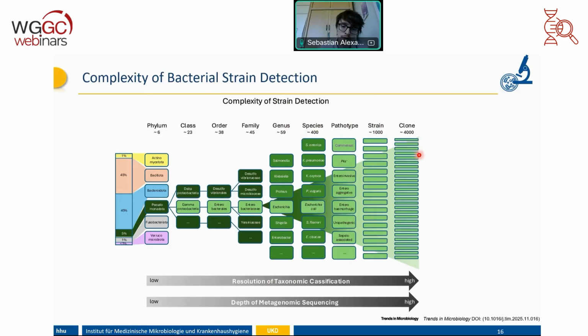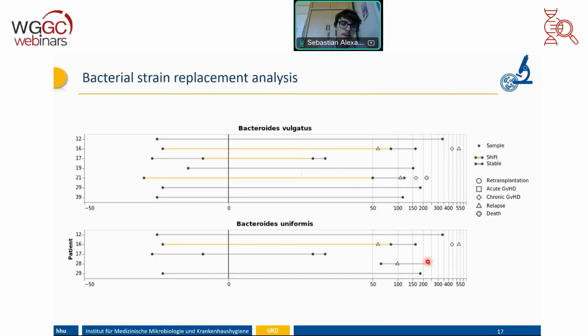We wanted to have this high taxonomic classification resolution of the strain level, and for this we used the combination of Illumina and nanopore sequencing. And we analyzed for some bacteria species, for some patients, if we have a strain shift or a stable strain.